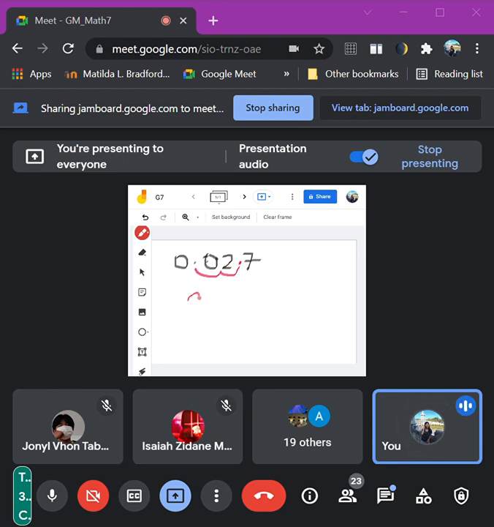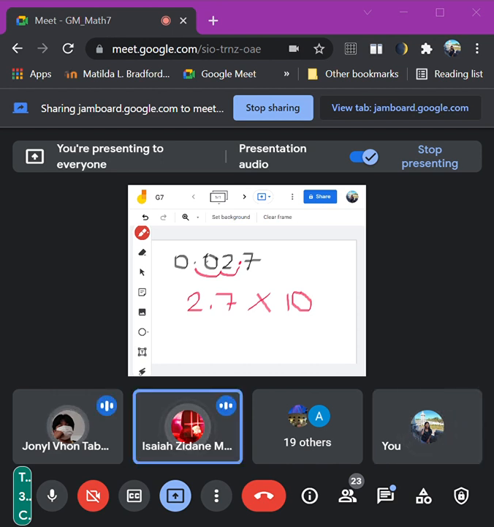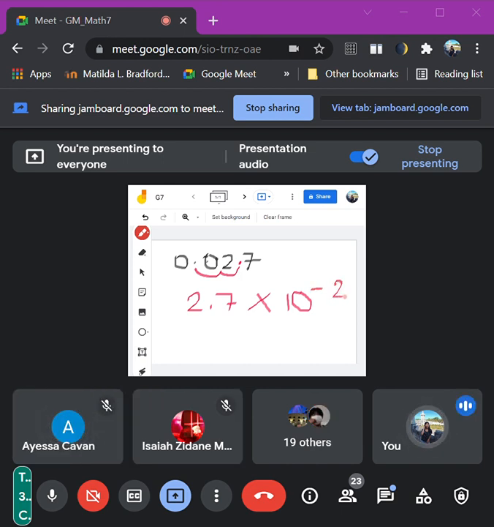So you have there 2.7 and then times 10. What is the exponent, class? 2. Okay, 2. Positive or negative? Negative. That is negative 2 because we moved to the right.